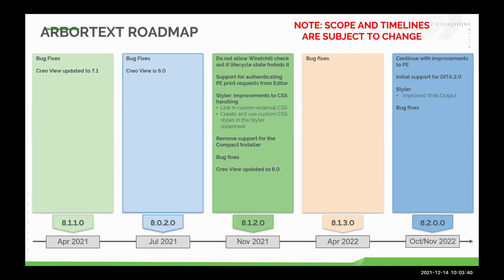This is, of course, a preliminary list, but some of the ideas would be continuing with our publishing engine improvements, providing the initial support for DITA 2.0, improving the web output in Styler, and of course, bug fixes. And hopefully maybe some more in addition to this, but we just wanted to give you a rough idea of what we're thinking, all, of course, subject to change.